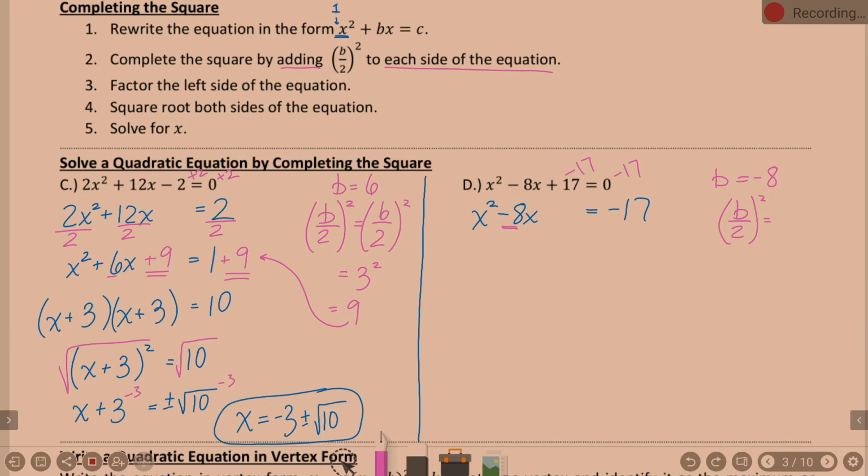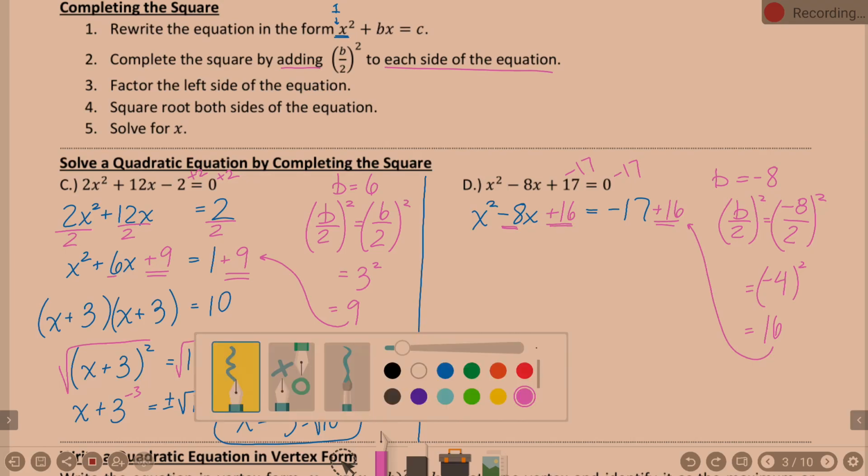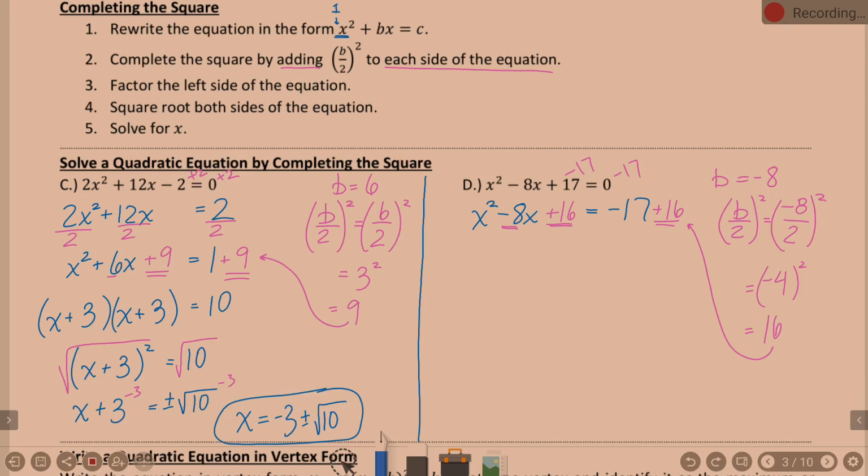B is negative 8 divided by 2 and square it. Negative 8 divided by 2 is negative 4. Negative 4 squared is 16. And what are we doing? You're adding it to both sides. Okay. That's step 2.